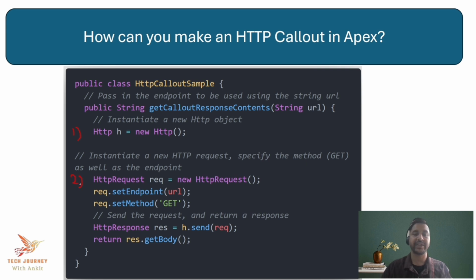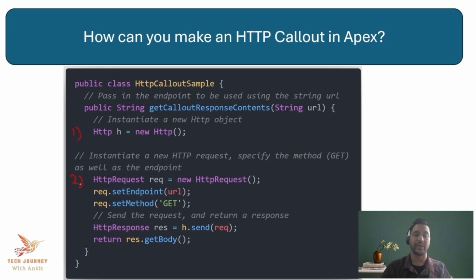Again, here we have to enrich the HTTP request based on the documentation that we are connecting with, right? But there are a few things that we have to specify, which are mandatory. First is the endpoint, to which endpoint we are connecting from Salesforce, and the second one is the set method as well.